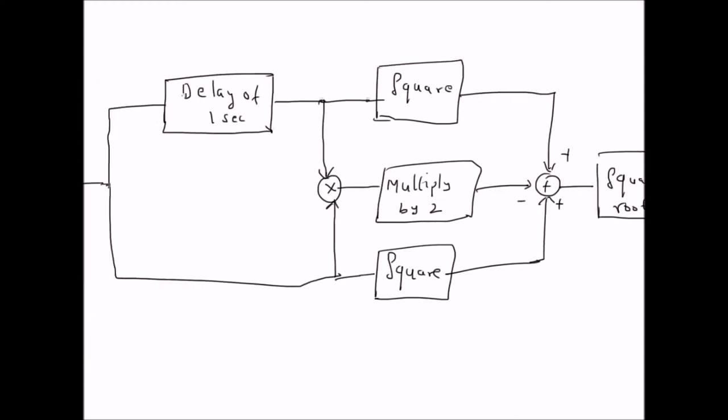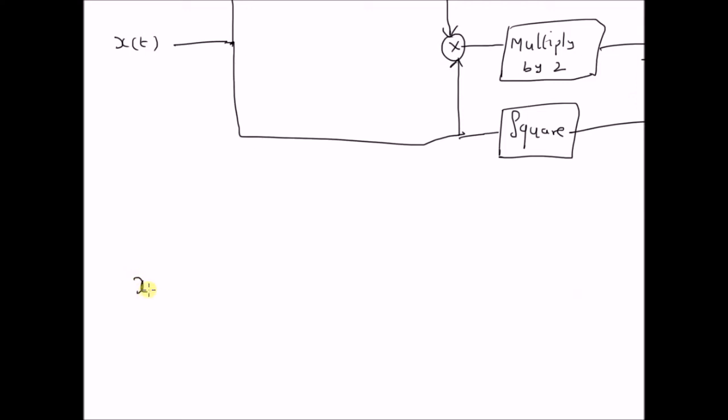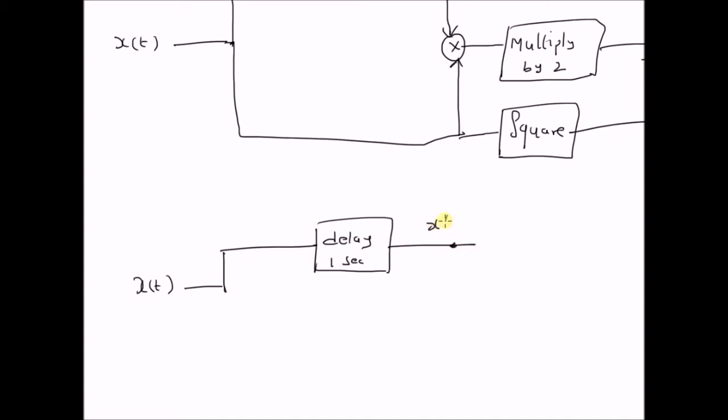So let us determine the system's output. So x of t goes through a delay of 1 second. So the output is obviously equal to x of t minus 1. And then this x of t minus 1 goes through a multiplier.